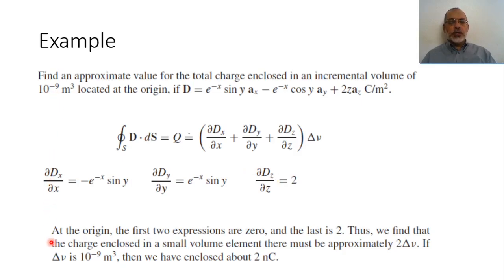So that's what we are seeing here. At the origin, the first two terms are 0 because of sine y, and the last is constant 2. Thus we have the charge enclosed in a small volume element approximated as 2 multiplied by delta V, and with delta V of 10 to the power minus 9, we are talking about 2 nanocoulombs. Okay?